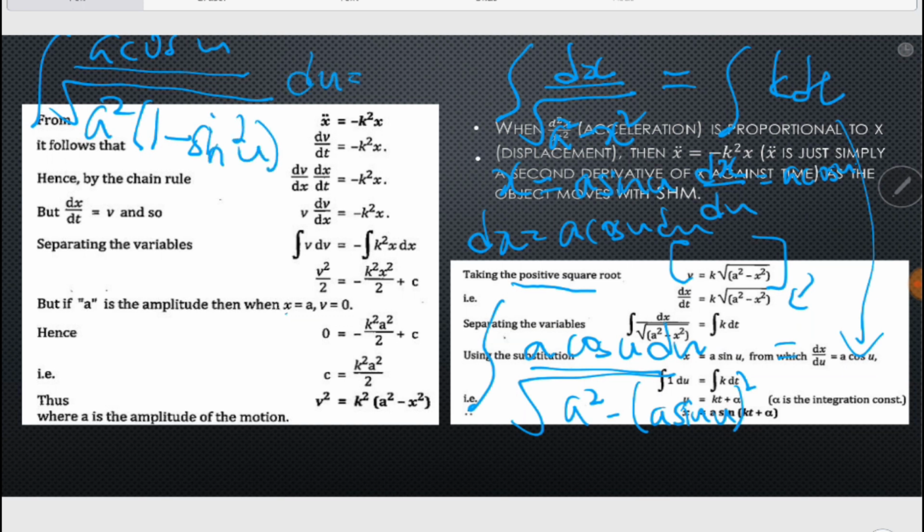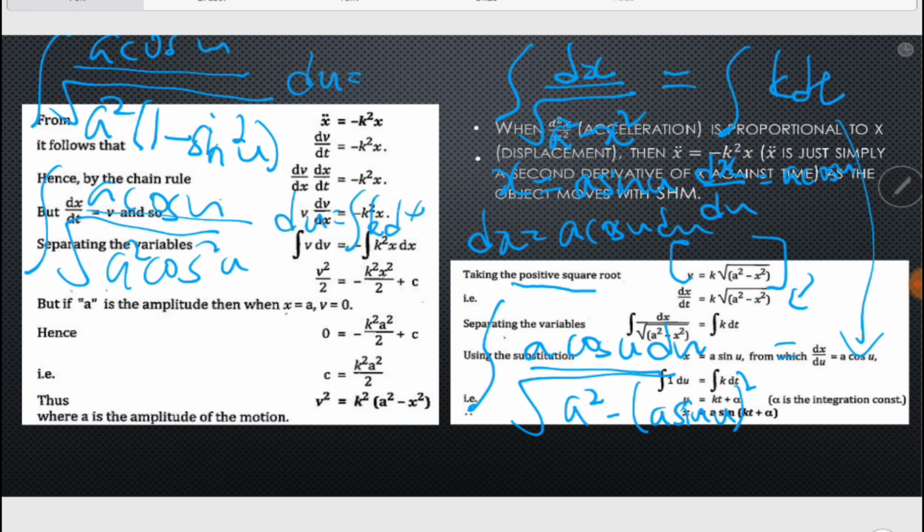du is equivalent to the integral of k dt. And if you have noticed, 1 minus sine squared u is just simply cos squared u. So hence you get a squared cos squared u inside the square root, du equals integral of k dt. And by doing so, you will simply get a cos u divided by a cos u du. You simply get just 1 du equals integral of k dt. And by doing so, you will get u equals kt plus alpha.